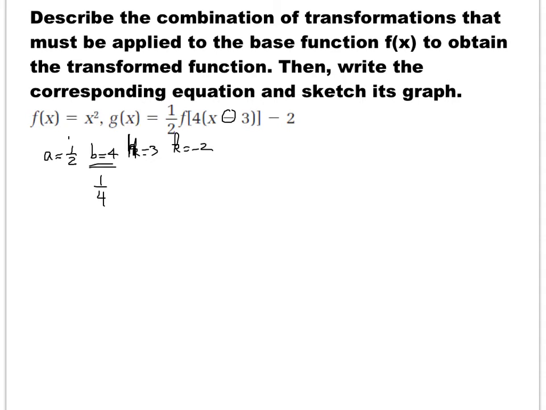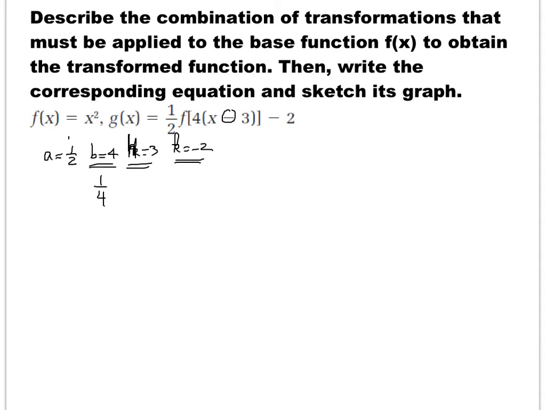Remember, 1 over b, so 1 over 4. And then I'm going to translate it or move it to the right by 3 units and move it down along the y-axis by 2 units. So these are the transformations, the order of transformation that I have to do.